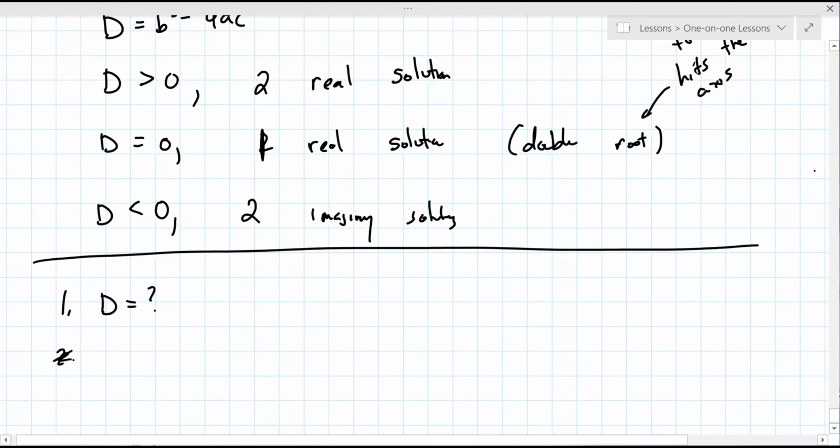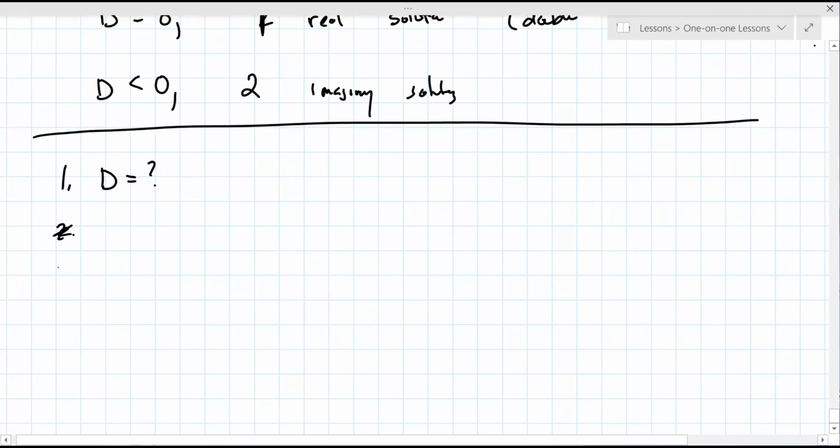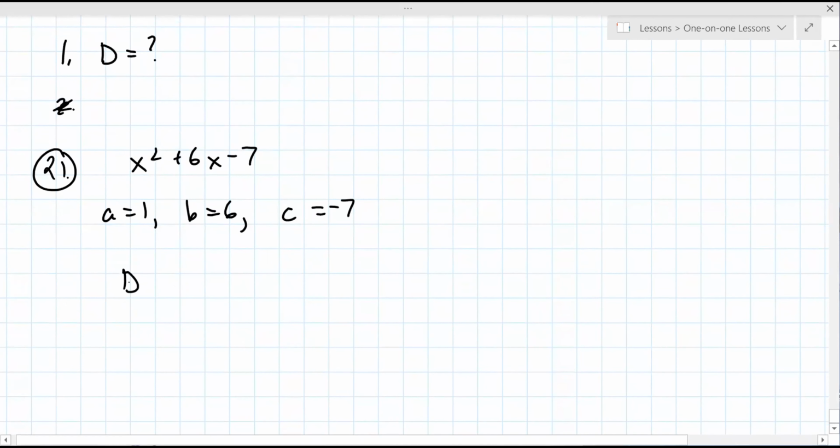So let's do 21. We'll have time to do them all. 21 says x squared plus 6x minus 7. So a equals 1, b equals 6, and c equals -7. So the discriminant, b squared minus 4ac, is 6 squared minus 4 times 1 times -7.